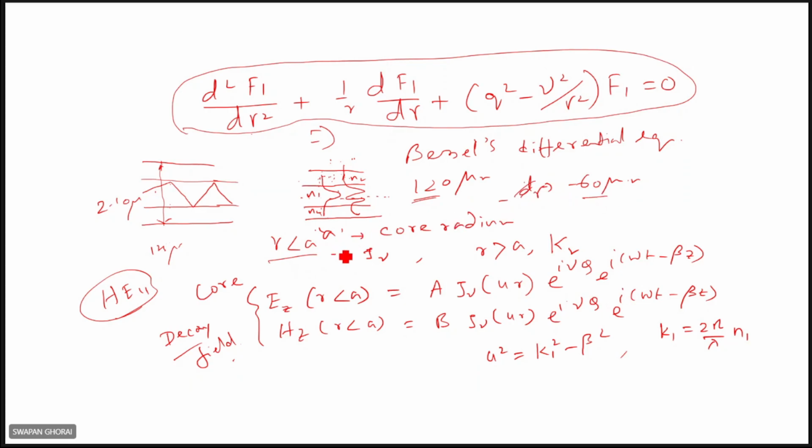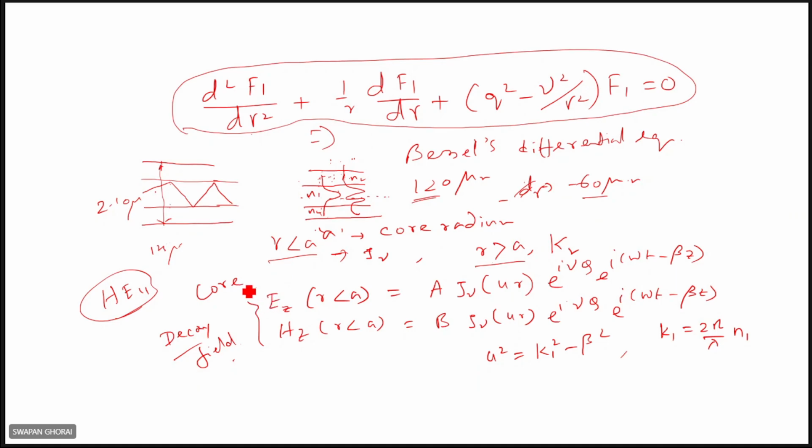So if R is less than A, we can consider the Bessel function of one kind, J nu, and if R is greater than A, another kind of Bessel function will be there, that is K nu, because for R greater than A the field is exponential in nature. So we have J nu and K nu.